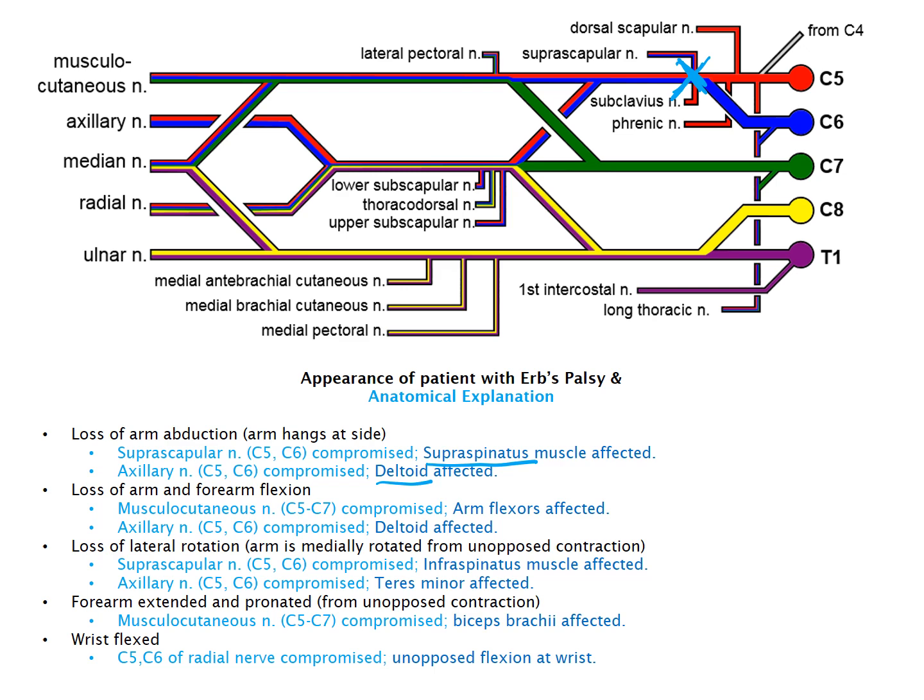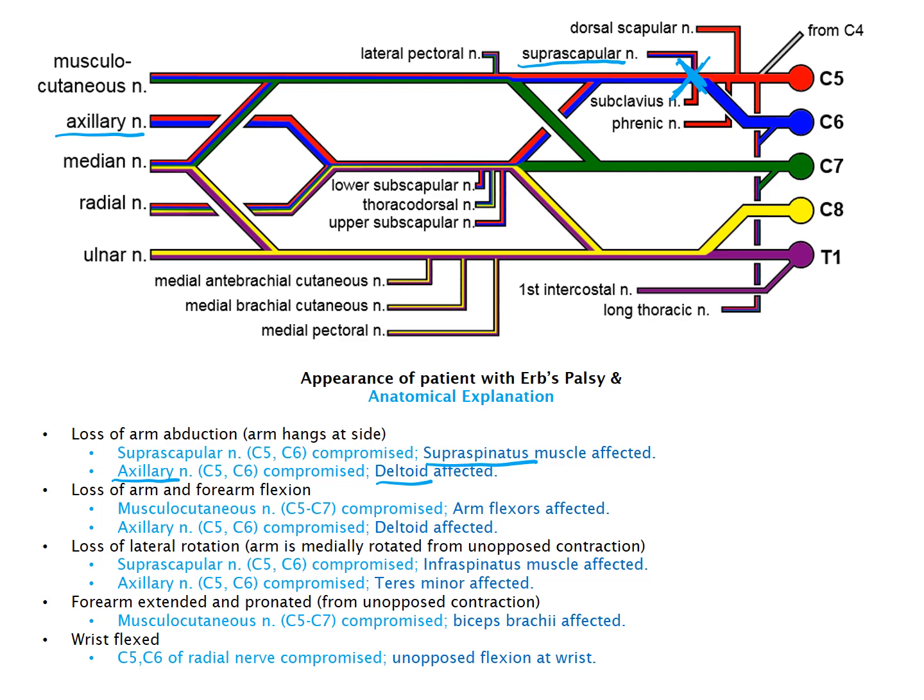The supraspinatus is innervated by the suprascapular nerve, which, as you now know, originates from cord levels C5 and C6. Similarly, the axillary nerve, which innervates the deltoid muscle, also contains fibers from cord levels C5 and C6. Because of the point of lesion, information is not being conveyed to either the suprascapular nerve or the axillary nerve. And so as such, the arm hangs at the side.